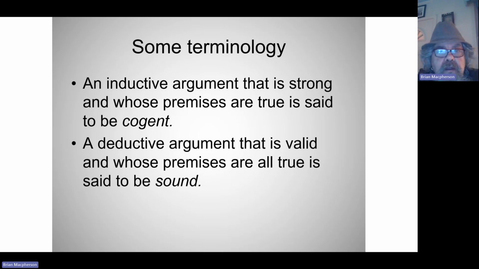Deductive arguments can be valid or invalid. Also, deductive arguments can be sound or unsound. A deductive argument is unsound if either it's invalid or the premises are false or both. A deductive argument is sound only if it is valid and all the premises are true.